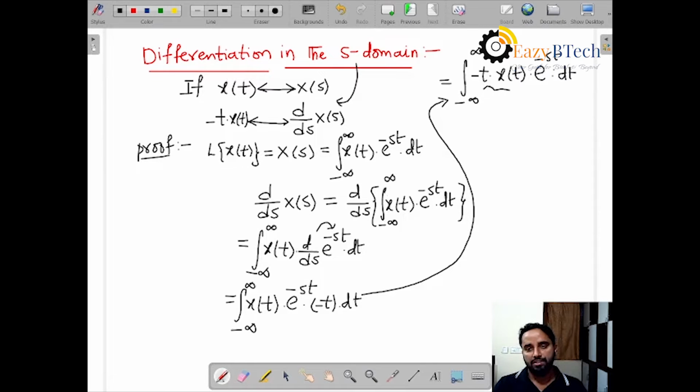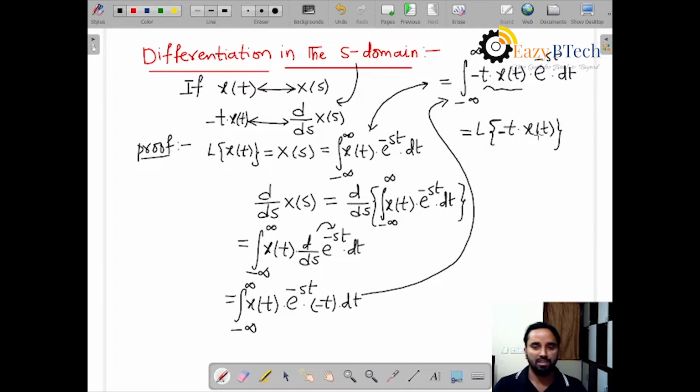If you observe this integral, it is like the Laplace transform formula. Earlier we had only x of t, that is why it was Laplace of x of t. But here we have minus t into x of t, so in the place of x of t we have minus t x of t.